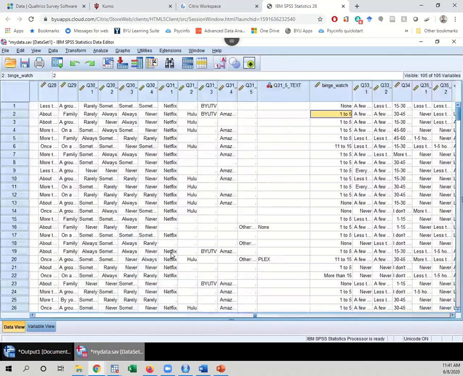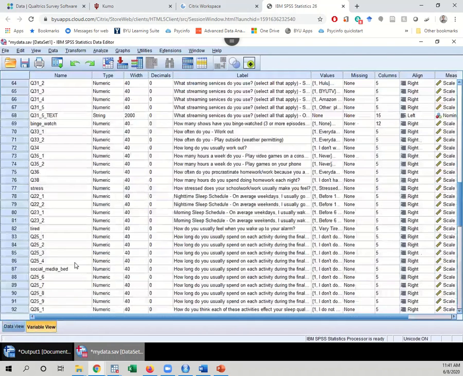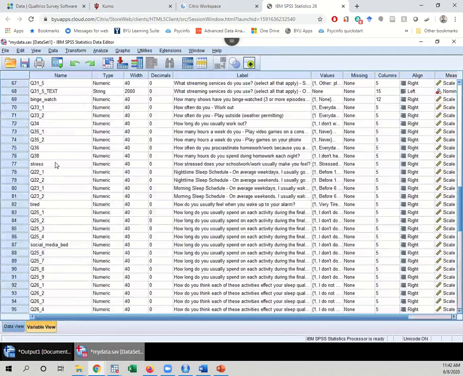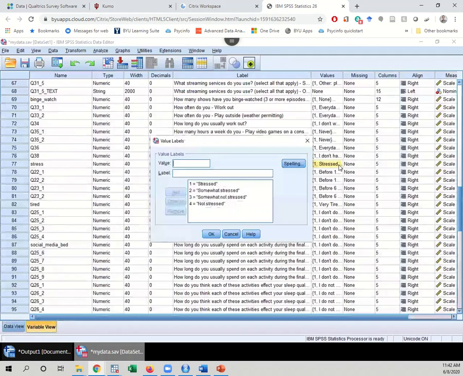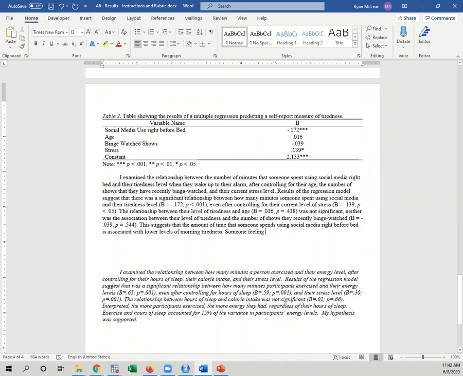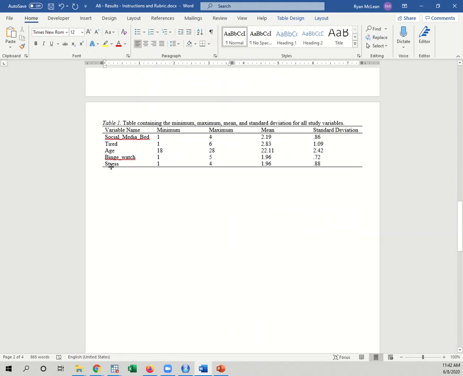So if I go, this doesn't really make sense, right? That more tiredness is associated with stuff. So stress, 4 is not stressed. And 1 is stressed, which means higher levels on stressed. So I might actually want to say this is not stressed. And come up here and say this is not stressed.